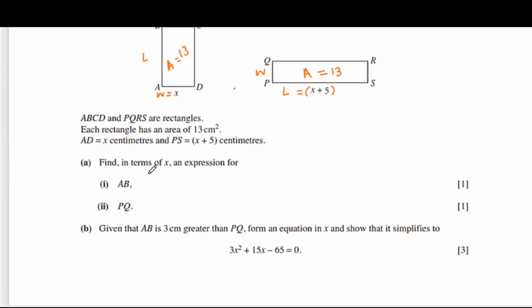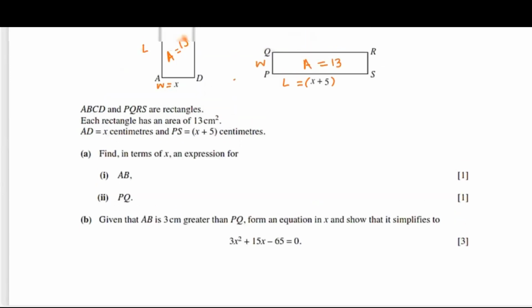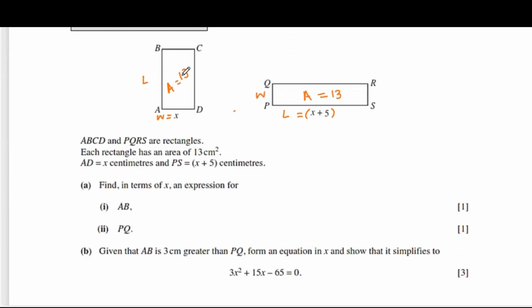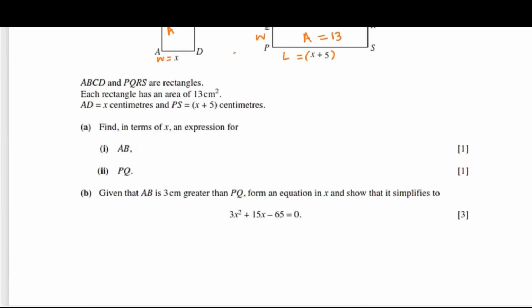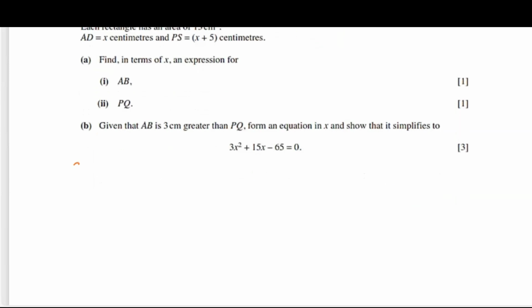For this, you have to write an expression in terms of x for AB. I'm going to take the rectangle ABCD and the area is 13. So we use the area as length into width for part A, part 1. Area of rectangle equals length into width. Area is 13 here for rectangle ABCD.